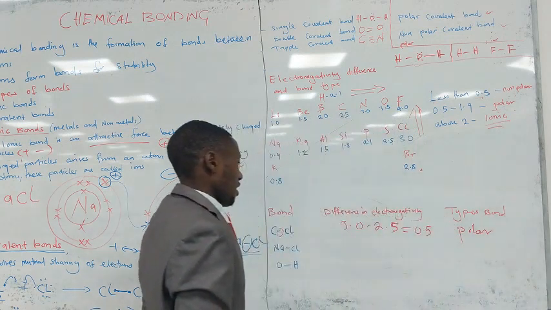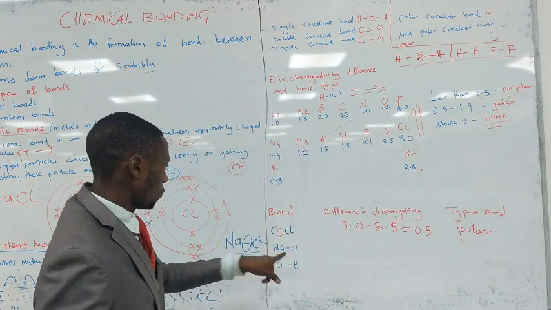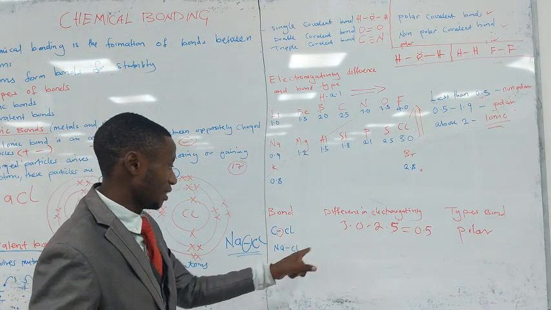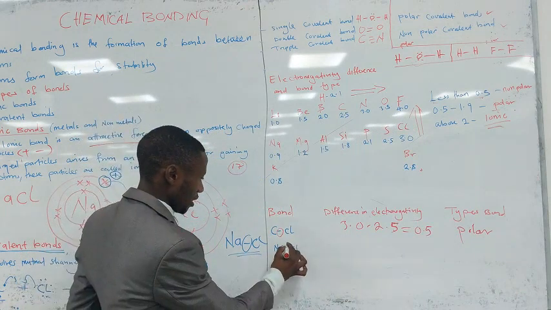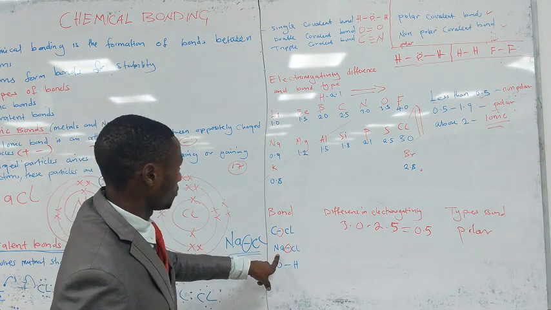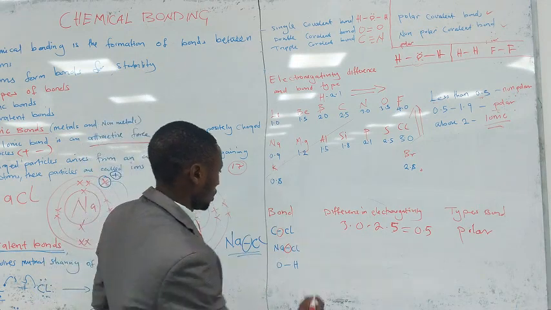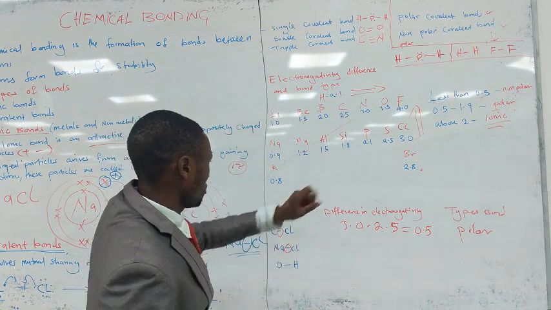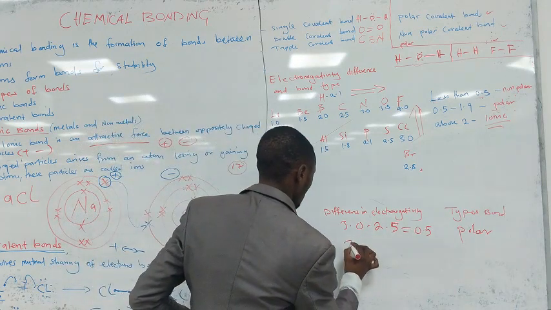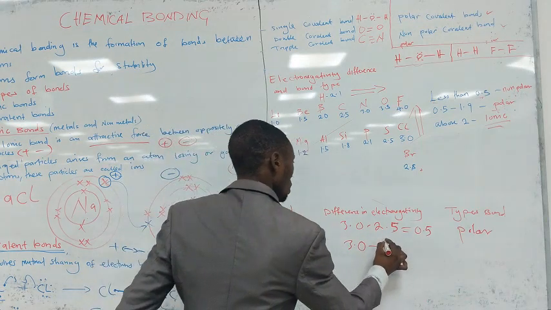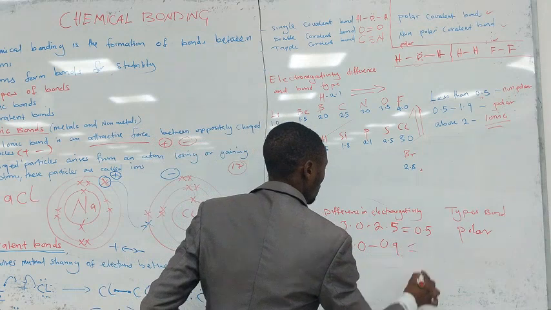I believe by now you've already predicted the type of bond sodium chloride has. So let's go ahead and predict. Sodium has got 0.9, chlorine has got 3.0, so let's go ahead and write. 3.0 minus 0.9, what do we have?